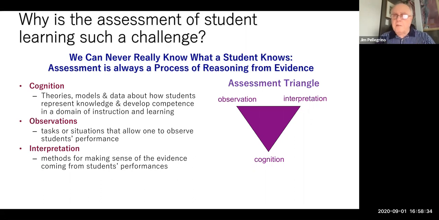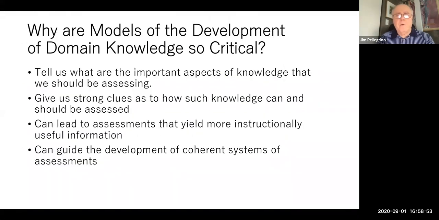But to build that assessment and have it be meaningful and useful in the education system, we have to start with the underlying cognition vertex. That is, what is our conception of what it means to know and learn something in a domain of instruction? And so I want to just say a few words about why models of the development of domain knowledge are so critical.